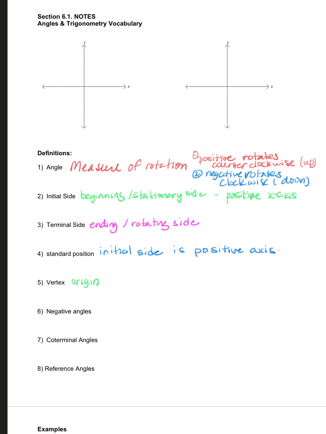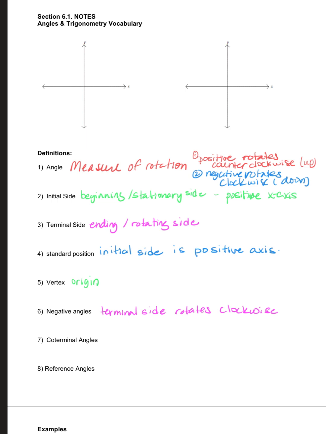Negative angles, their terminal side rotates clockwise. So the terminal side will rotate clockwise.